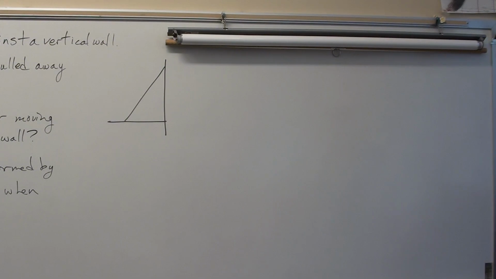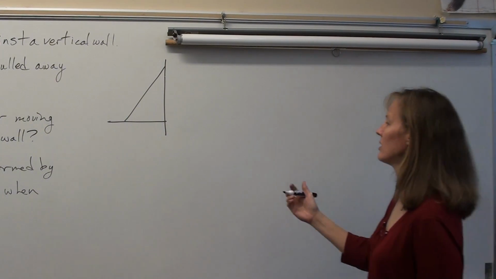Now, I ask you to have mercy on your calculus teacher, and please don't label horizontal dimensions y and vertical dimensions x. All right? Horizontal x, vertical y. We're all going to stick with that convention.